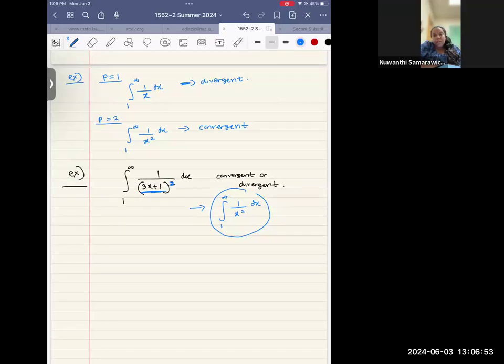So we can just take a comparison, and straight away say this is convergent by comparison.